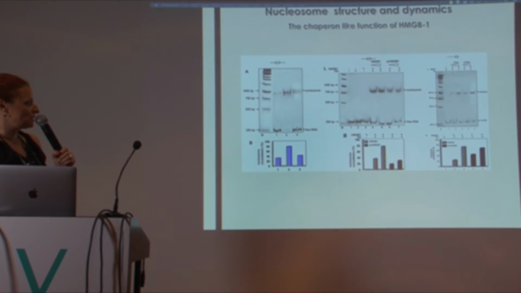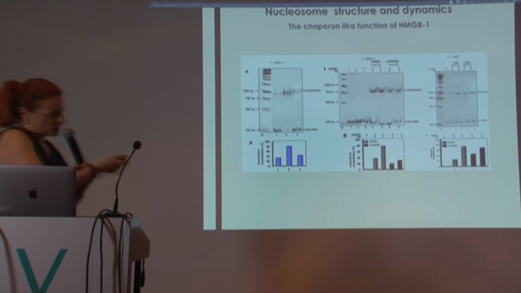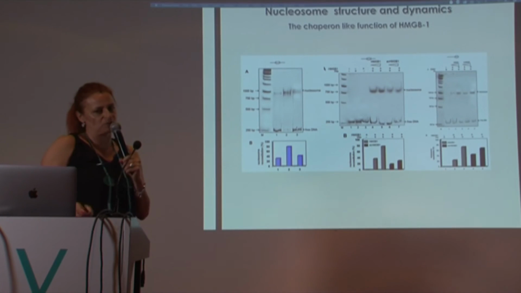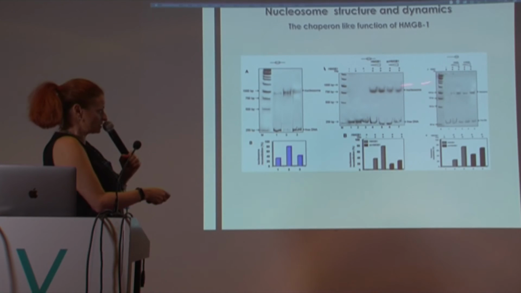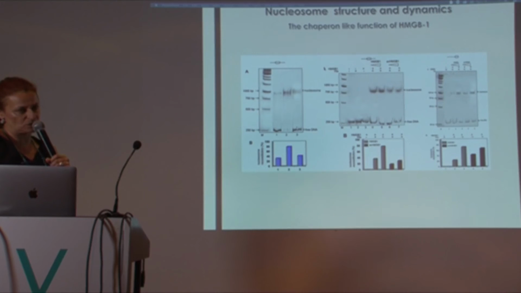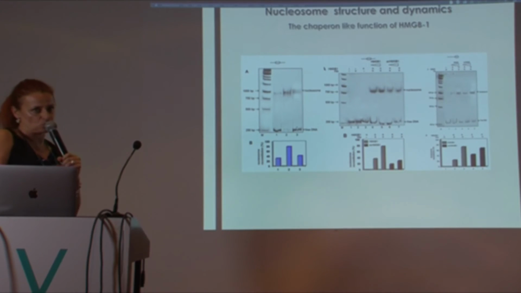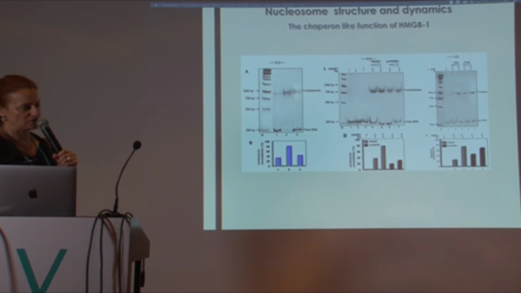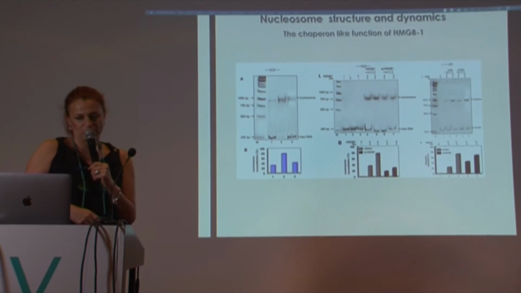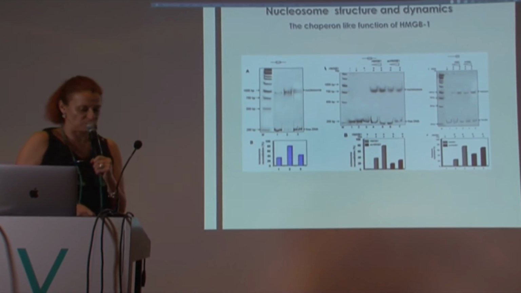And we did the experiment twice in two different versions. First, we incubated HMGB1 with DNA, and we got these results. And then the other way was to incubate HMGB1 with histone octamers to see if this is the important interaction, but it turns out that no. So HMGB1 could be a DNA chaperone.